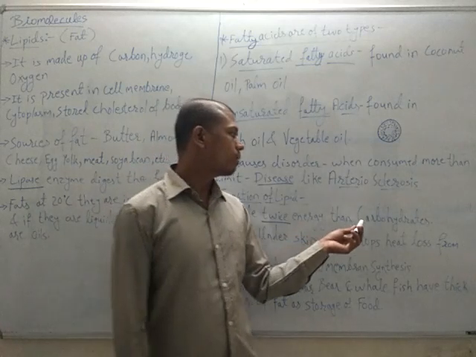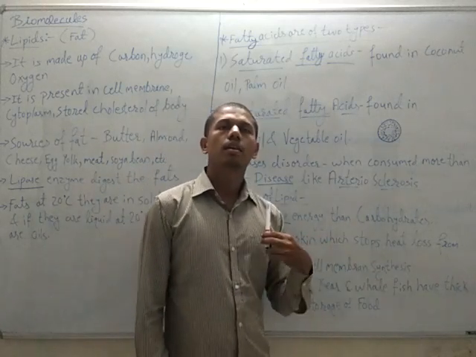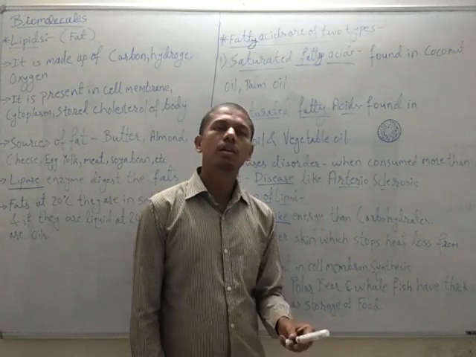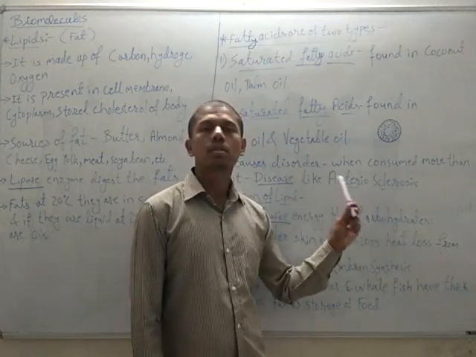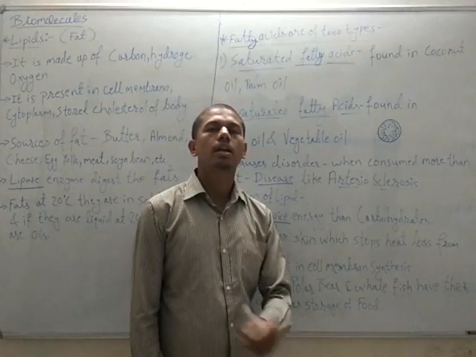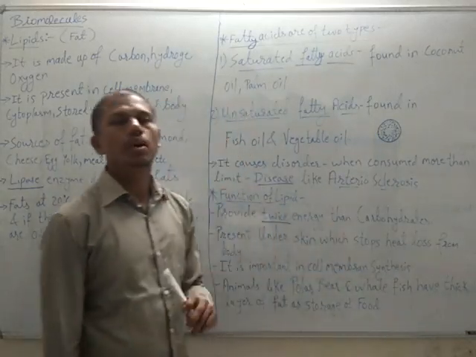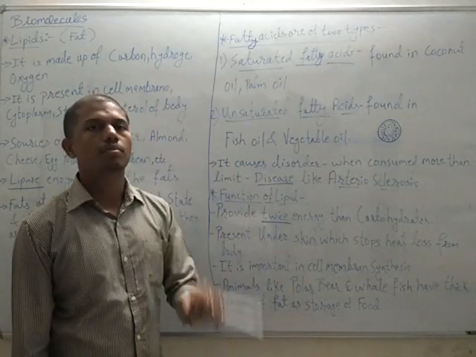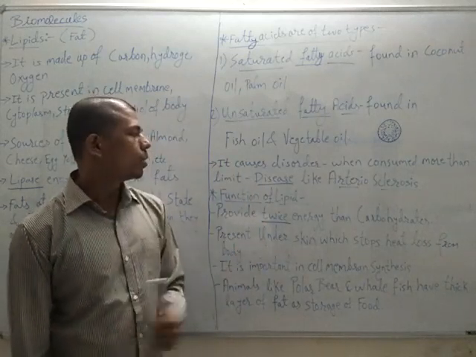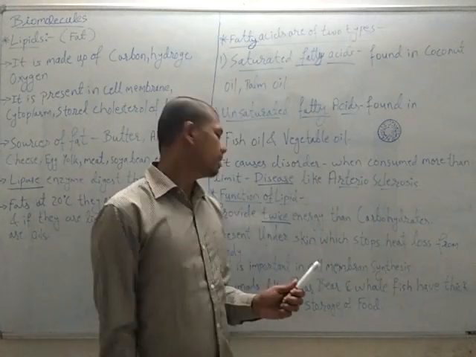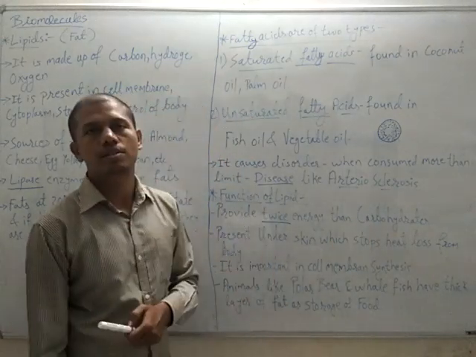When carbohydrates are digested, glucose is produced, and when glucose is broken down, it is used for synthesis of ATP, adenosine triphosphate, which is used by all body cells for proper functioning. Whatever energy is given by the carbohydrate, double energy can be given by the fats.